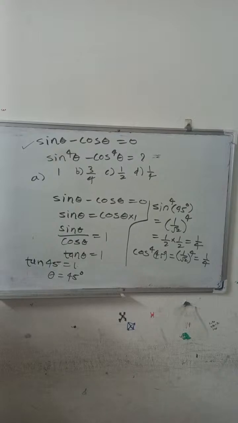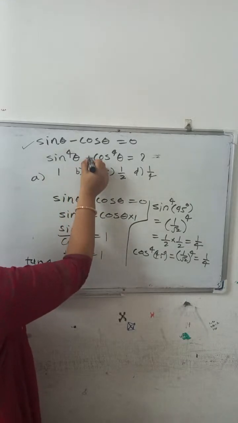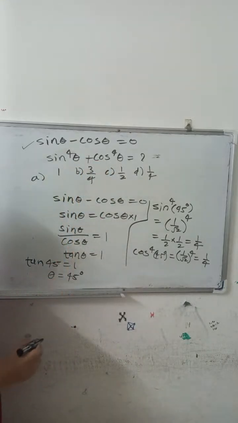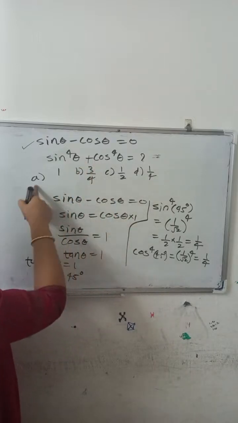Okay, but the option is not given here. Let me check the question once. No, actually I wrote this question wrong. They are asking sin raised to 4 theta plus cos raised to 4 theta. If we take subtraction we will get 0, but that option is not there.